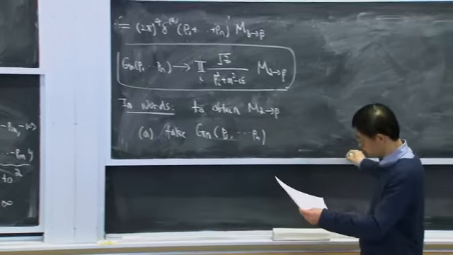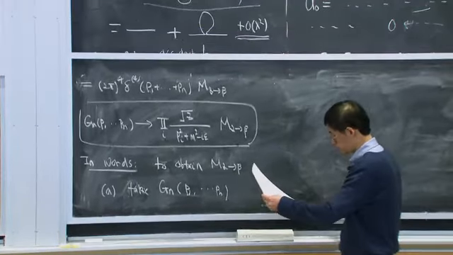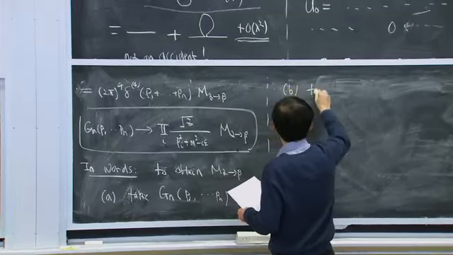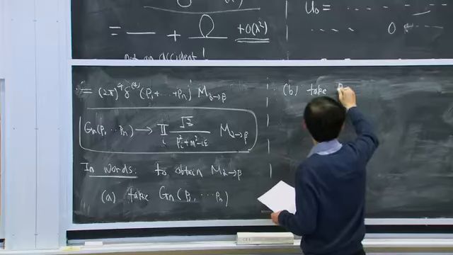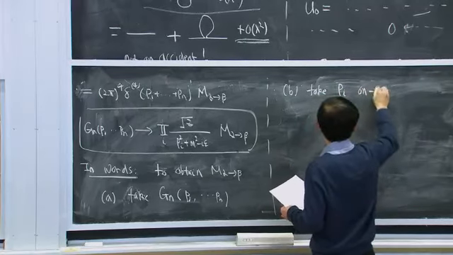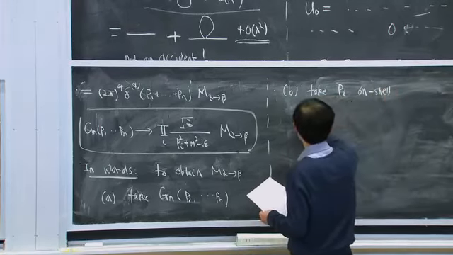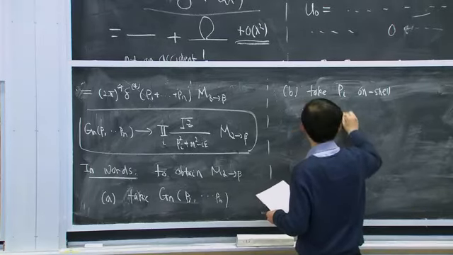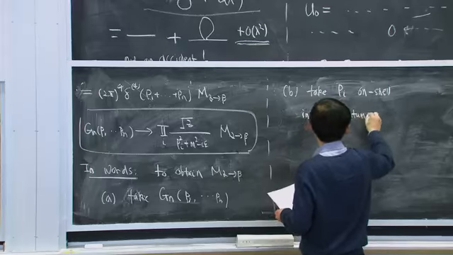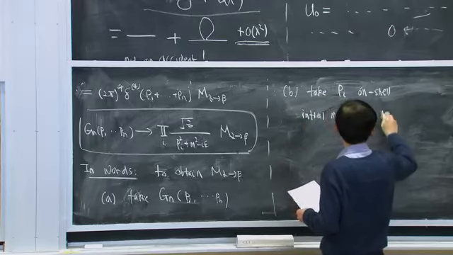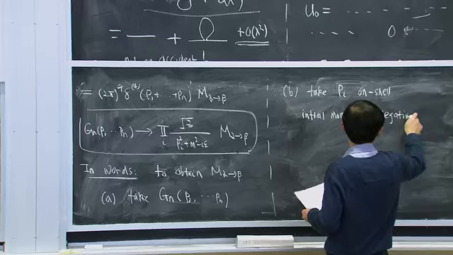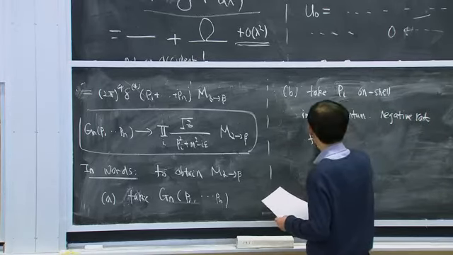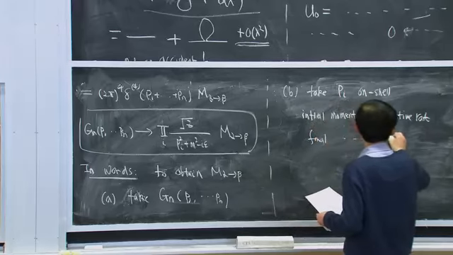Then take Pi on shell: for the initial momentum take the negative root, and for the final momentum you take a positive root, of that equation.